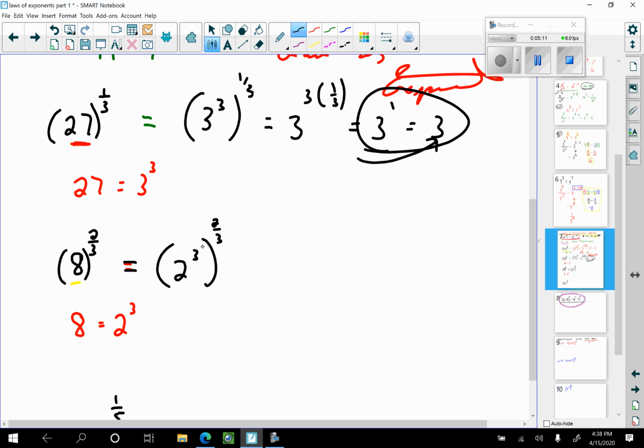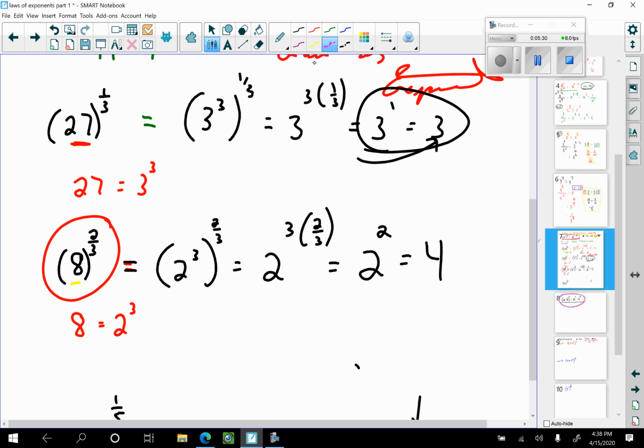Now I have power to a power, so this is going to be 2 to the 3 times 2/3. 3 times 2/3, we know the 3's cancel. That's simply going to be 2 squared. And 2 squared, ladies and gentlemen, last time I checked, is 4. So 8 to the 2/3 power, you bet you, is equal to 4.